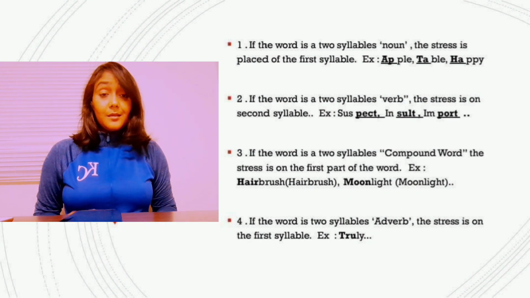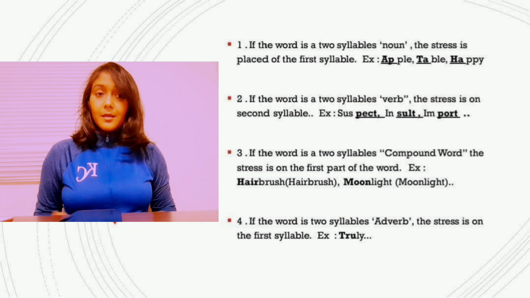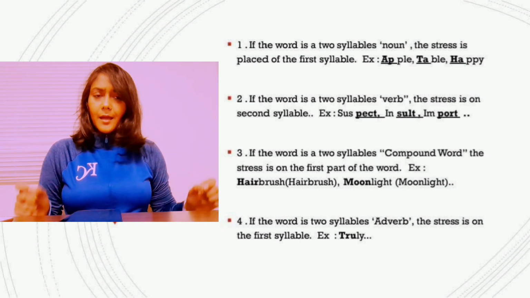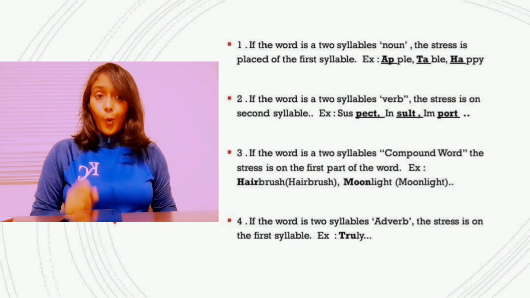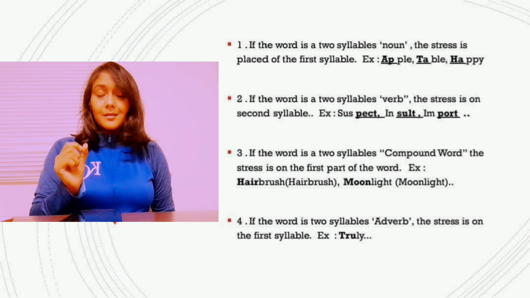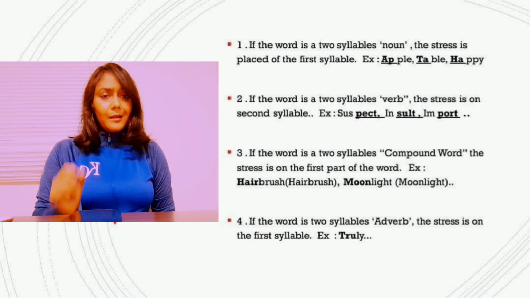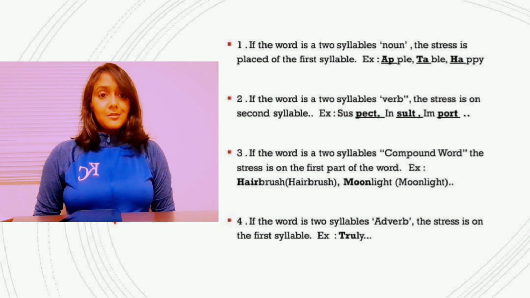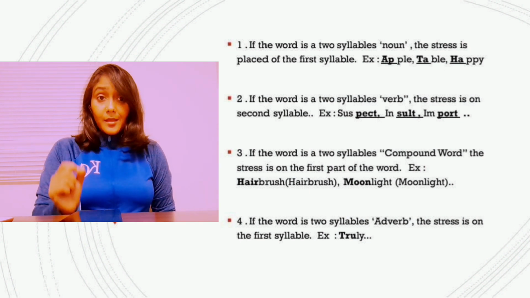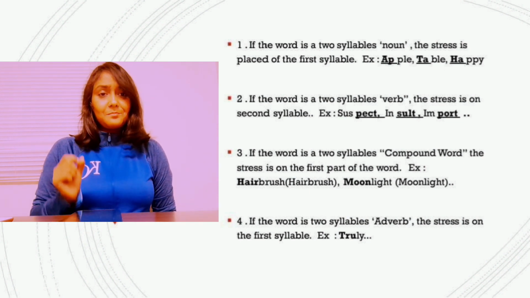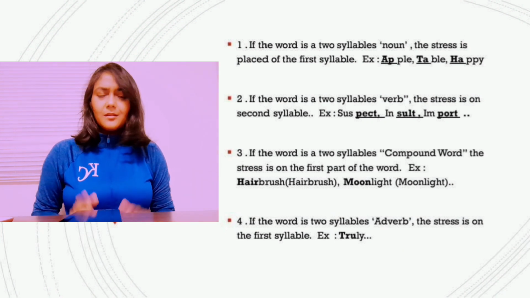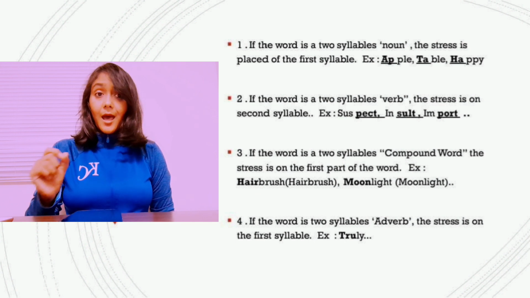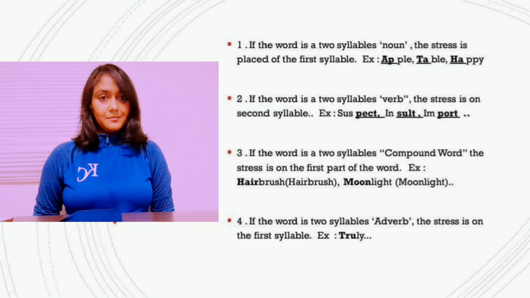It can be the name of a person, the name of a place, or the name of an object, right? So, if a word is a noun and it has 2 syllables, then the stress is always placed on the first syllable. Got it? For example, happy.